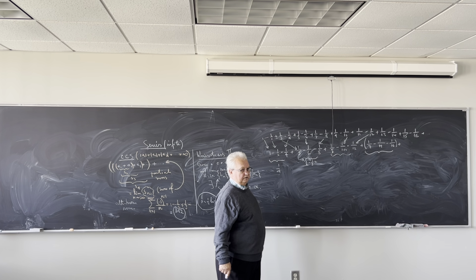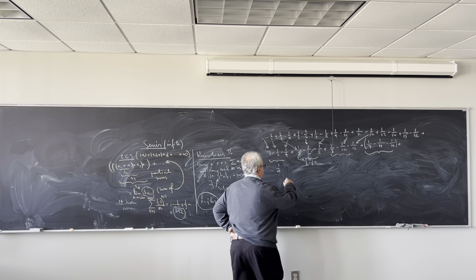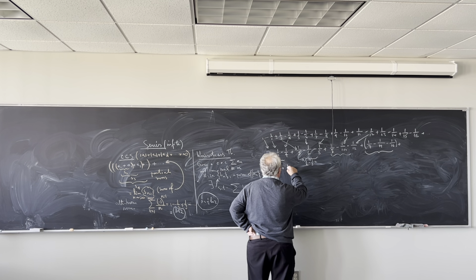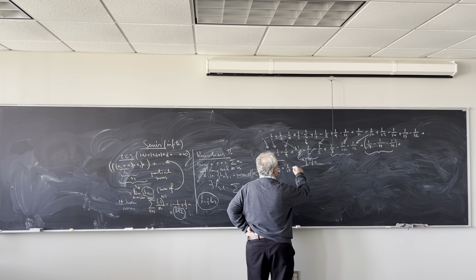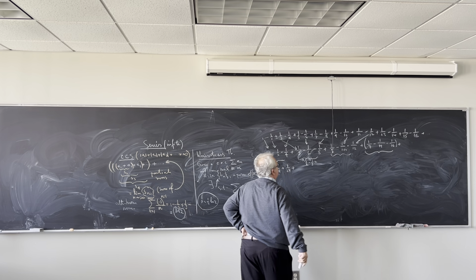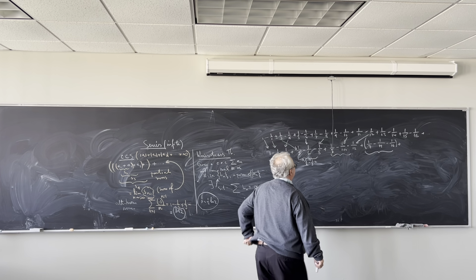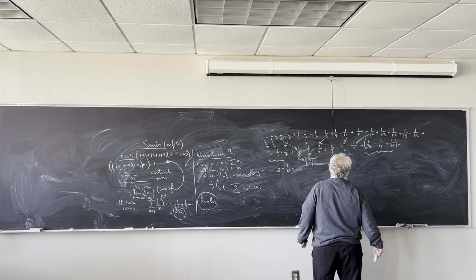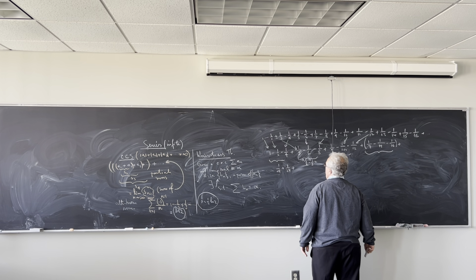So 1 over 24. And the next one? 1/5 minus 1/10 is what? 1/10.